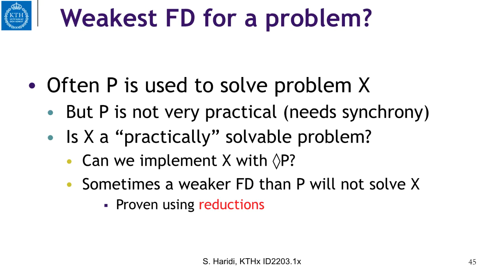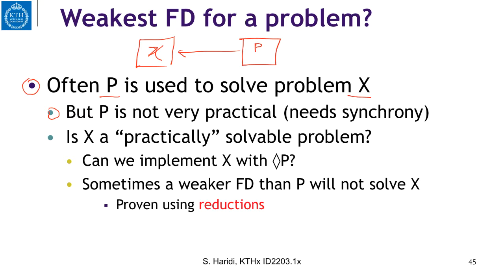So the weakest failure detector for a problem. It is often the case that P is used to solve a problem X. So here we have problem X, and here we have P. But P is not very practical because it requires synchrony.